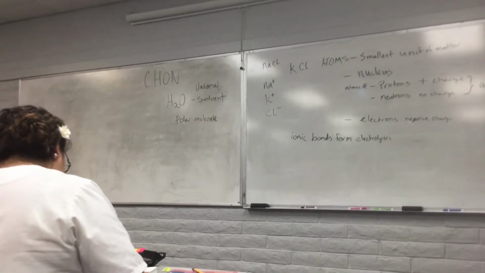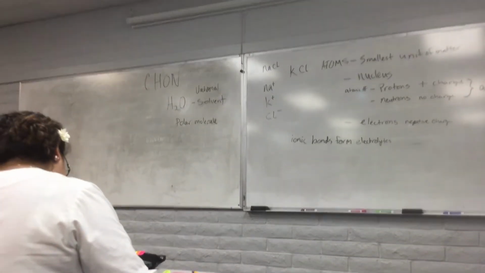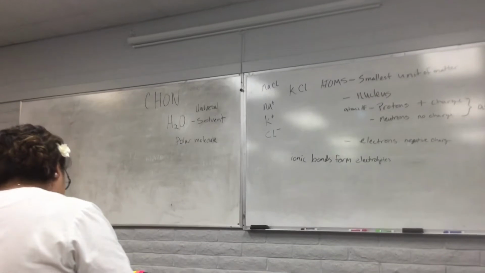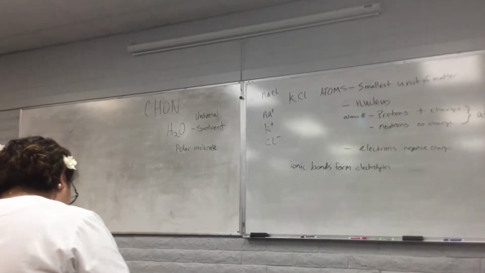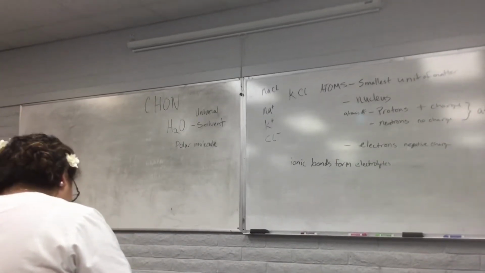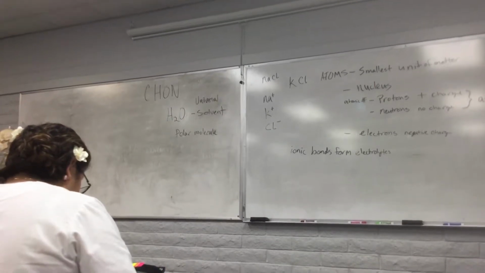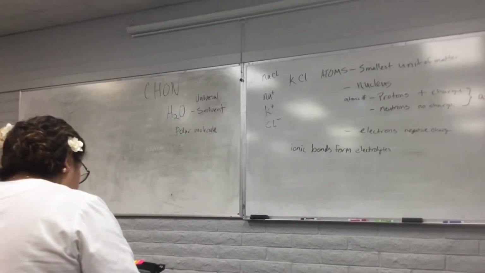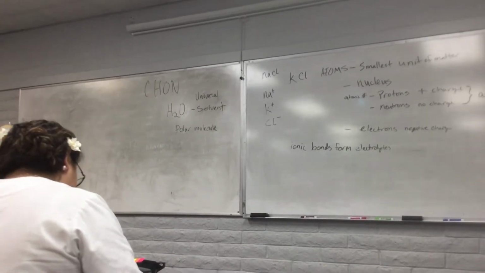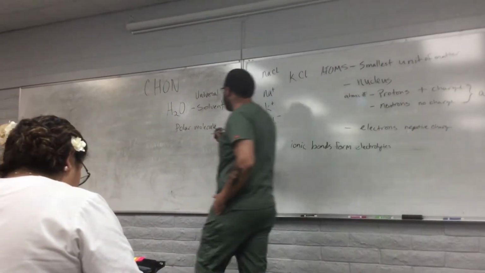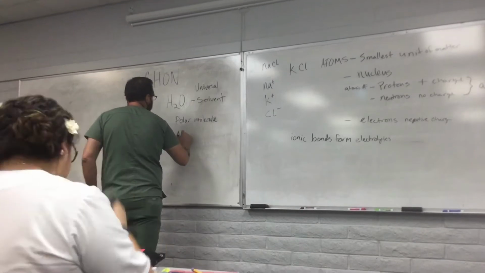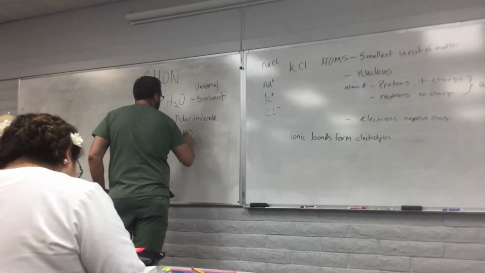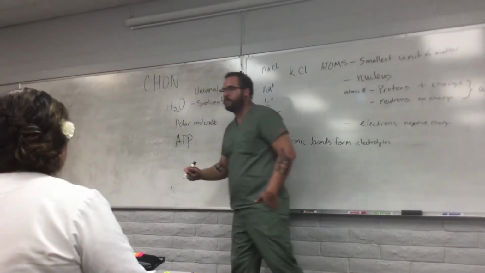So you have all kinds of things that you can make with water, and it's in our body for most important stuff. Water is necessary for ATP, which is the energy of the cell.